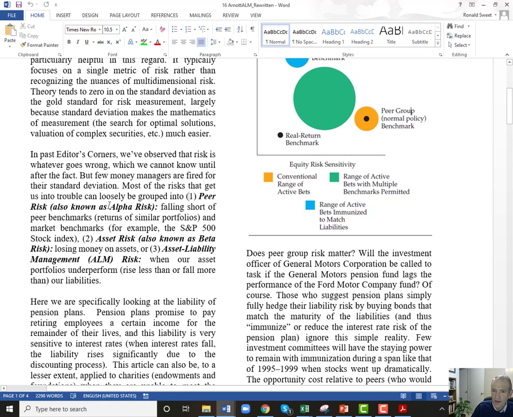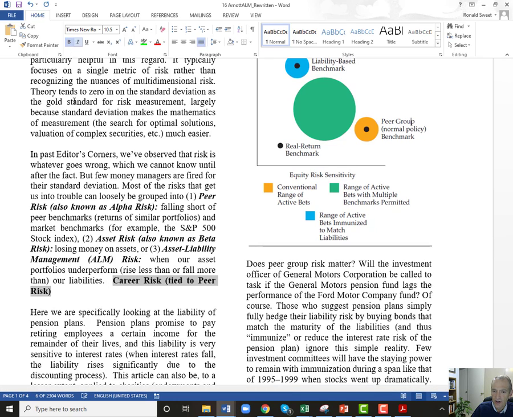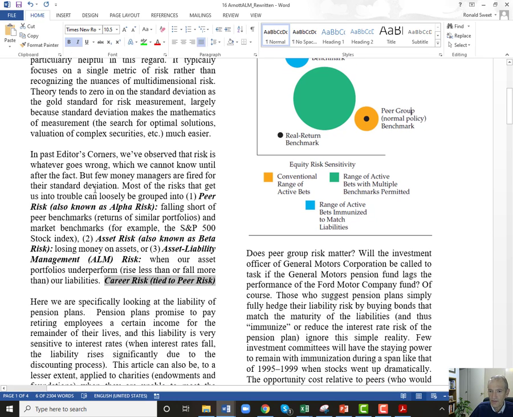Pure risk is also known as alpha risk. Asset risk is also known as beta risk, and ALM risk is just ALM risk. So we need to define these 3, and then I'm going to add one more to that, which I call career risk, which is closely tied to pure risk. All right, so that's the one extra one I add. You'll see that one in my blog. I didn't add it to his article because I wanted to keep it pretty close to his article.